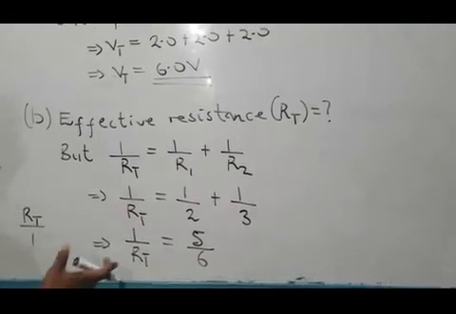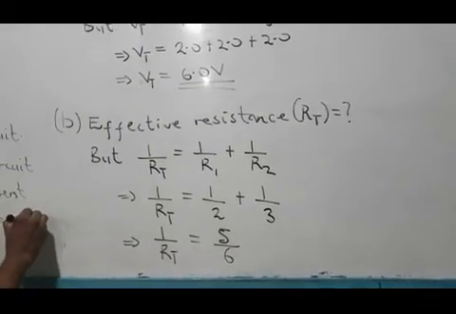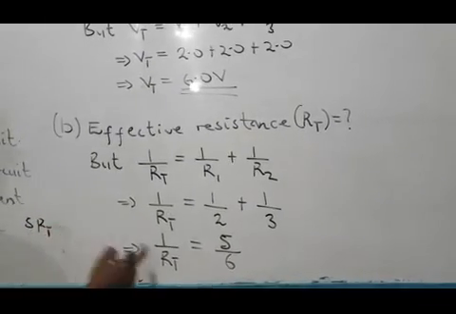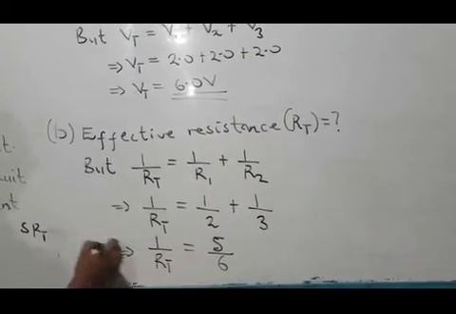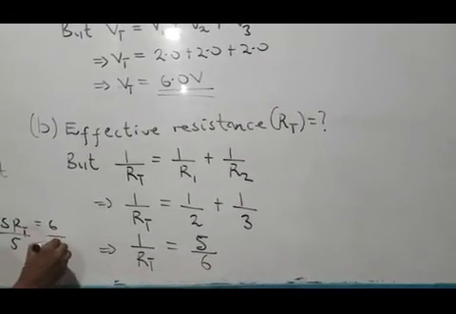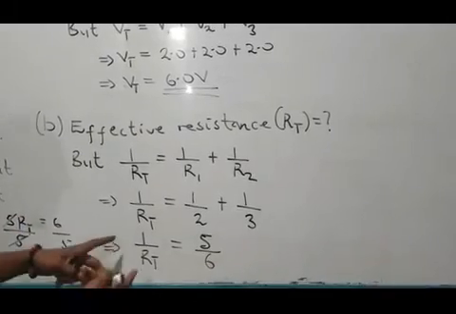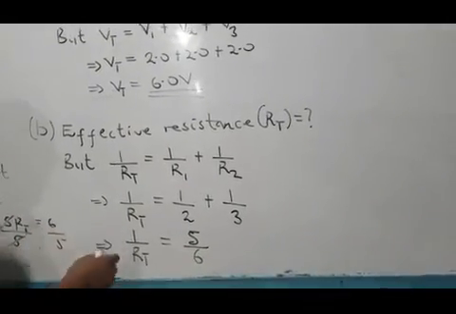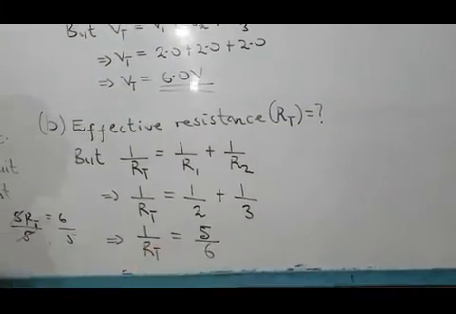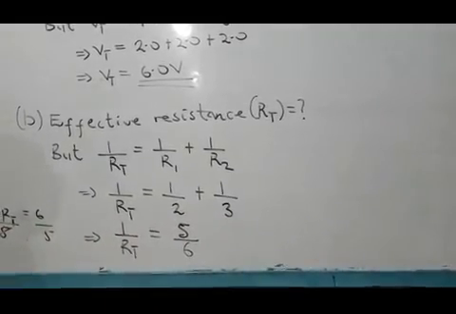Or if you cross multiply, you get 5 RT, and then 6 times 1 is 6. You are looking for RT, so you divide both sides by 5. So your RT is 6 over 5. That's why I said that if you find the reciprocal of this, you also find the reciprocal of this.